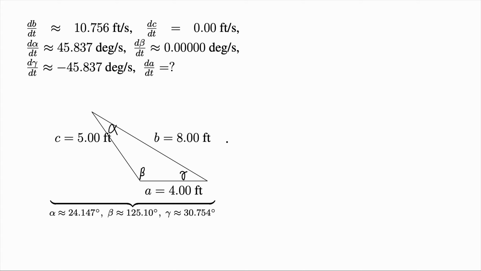Okay, so in this setup, instantaneously at this moment of consideration, the question is, how fast is side A changing? So we have a snapshot. At this particular moment in time, we're going to say, maybe we know this information. We know what all the angles are. We know what the side lengths are at this moment.